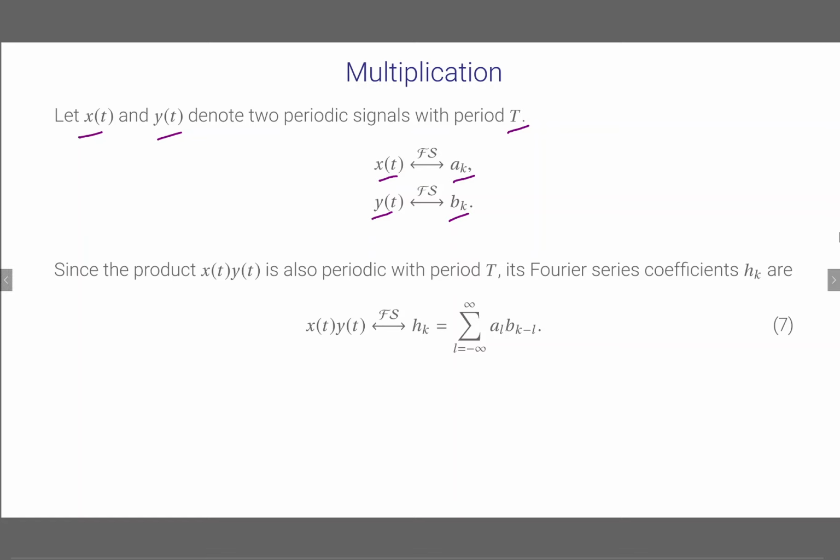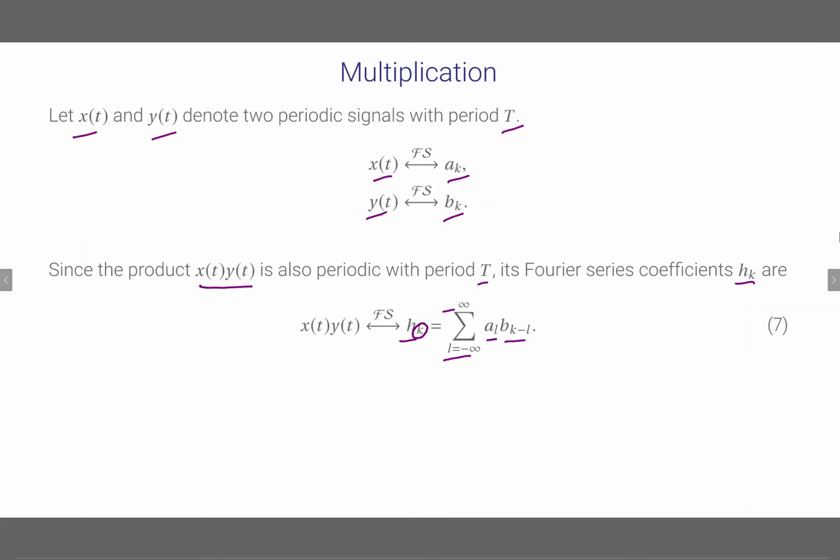Since the product x(t)y(t) is also periodic with T, its Fourier series coefficients h_k are the sum over l from minus infinity to infinity of a_l b_{k-l}. To find one Fourier series coefficient h_k, you must run an infinite summation over l from minus infinity to infinity.